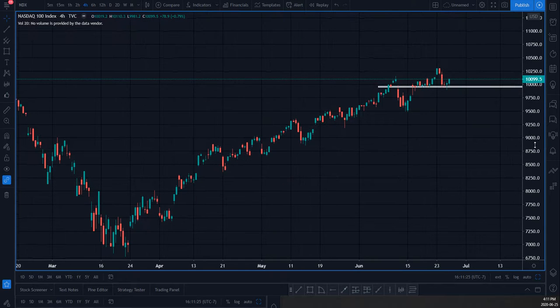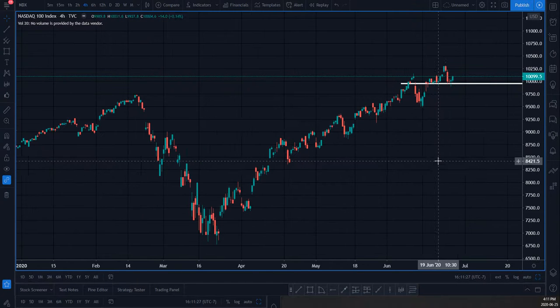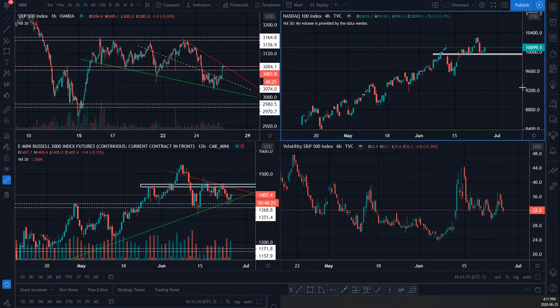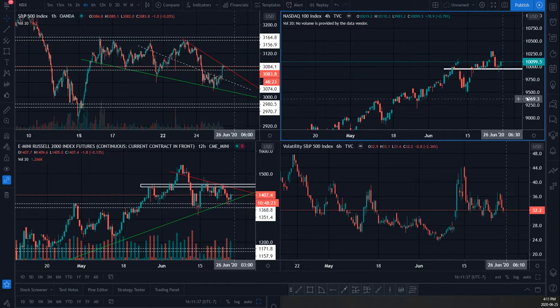But you're looking at relative strength and weakness, and the Nasdaq is by far the strongest index that we are looking at as of now. It hit an all-time high, whereas the S&P, Dow Jones, Russell 2000, none of the other ones have hit an all-time high.